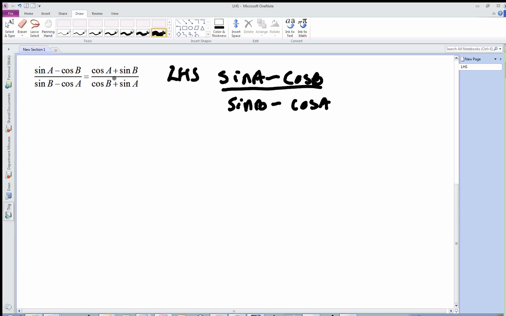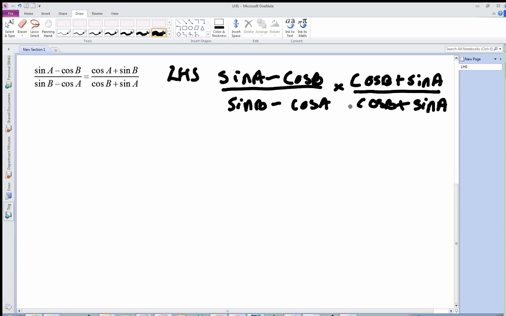I'm going for that as my denominator. So I'm going to force that to be my denominator by multiplying both the top and the bottom by cos B plus sine A, over cos B plus sine A.